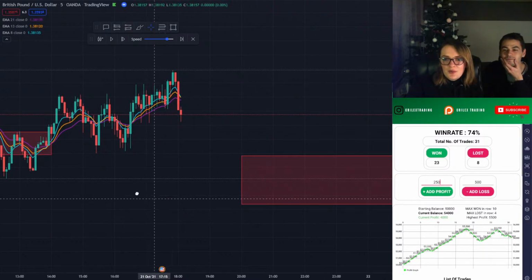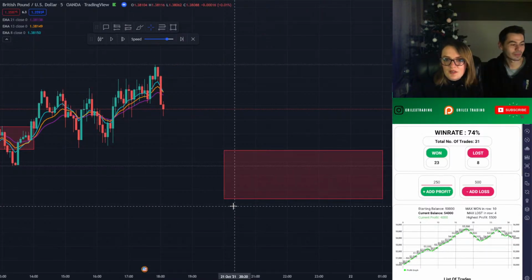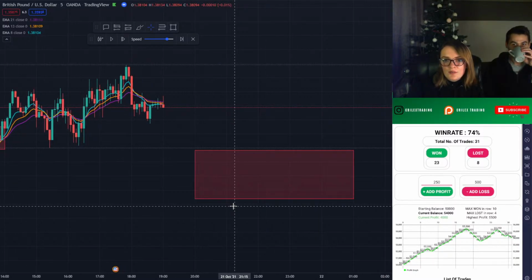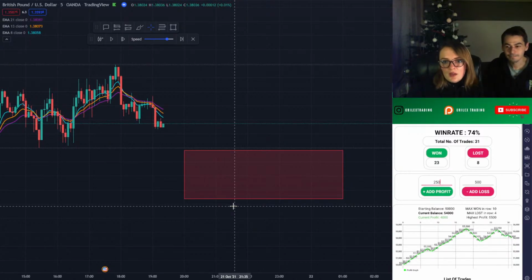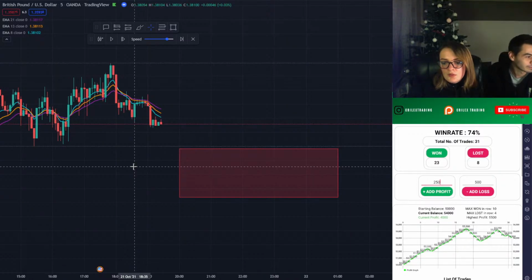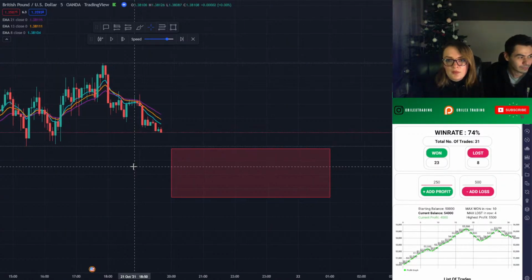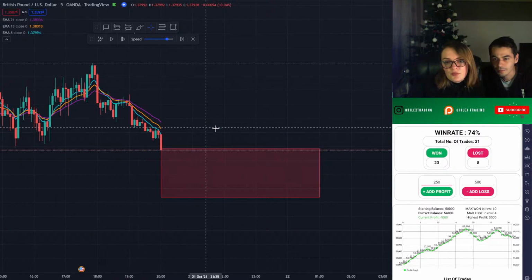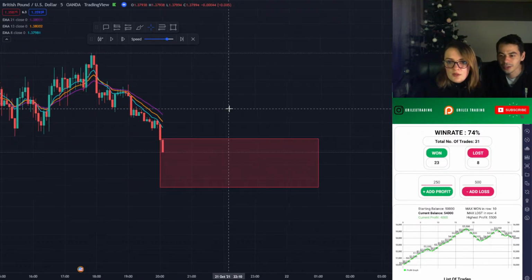Okay, so now we are going close to this sell zone, and let's see if we get any entries here. Okay, I think we have no retouch in real market in real time.